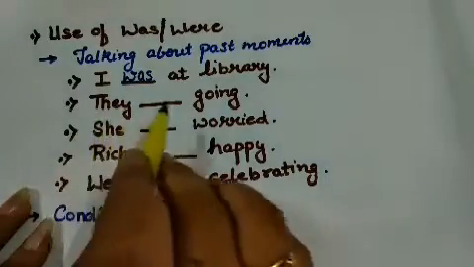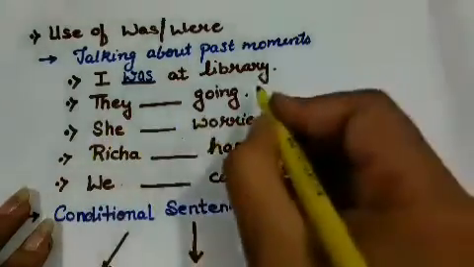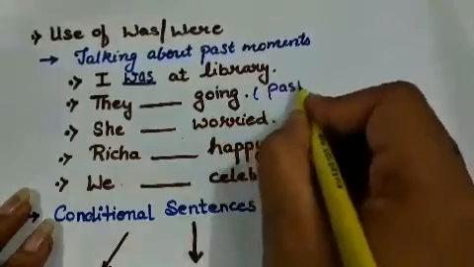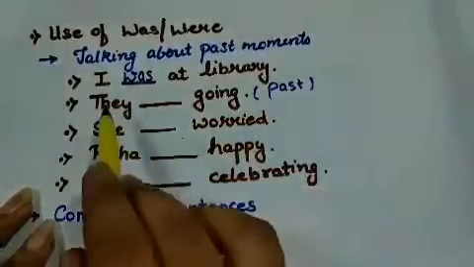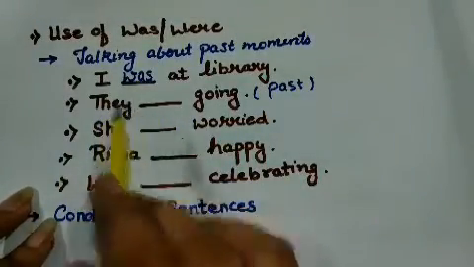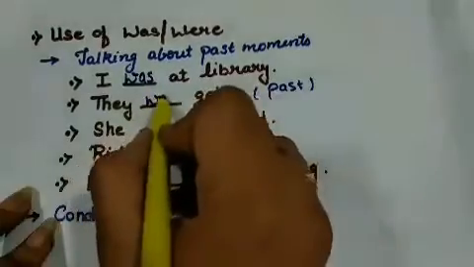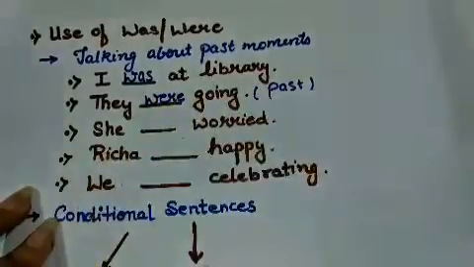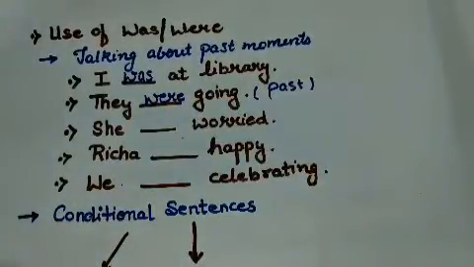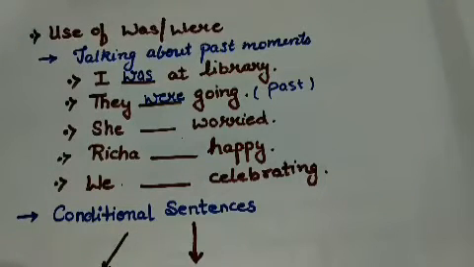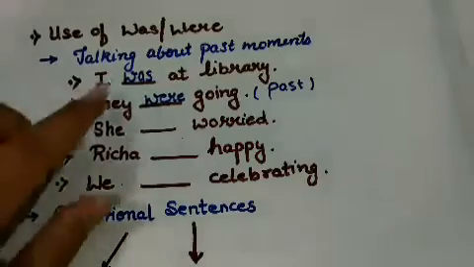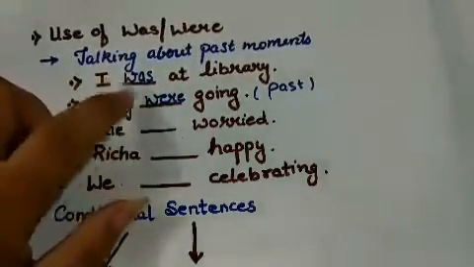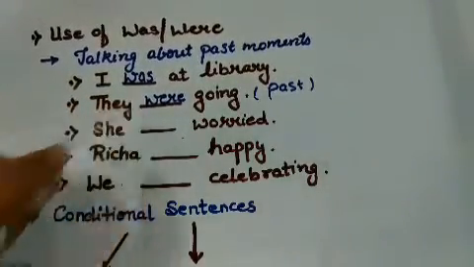Now they dash going. I am talking about past moment here and they is plural, so I need to write were. Right? See, because we are talking about that moment which have already taken place. So we will use was and were here.